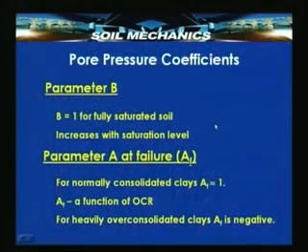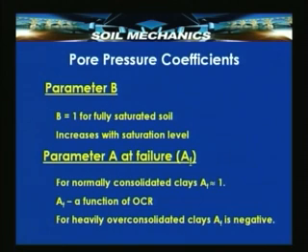As for the parameter A, the parameter which is of interest is really the value at failure, because on the application of the deviatoric stress sigma 1 minus sigma 3 and bringing the sample to failure, what is the maximum amount of pore pressure that would have got generated and what is the corresponding coefficient AF at failure?